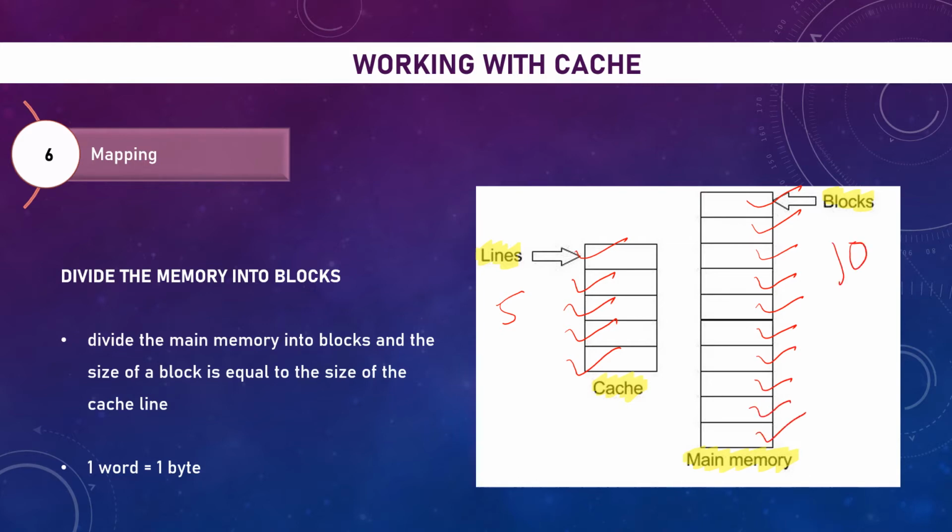So total 10 blocks and total 5 lines. Divide the main memory into blocks, where the size of a block is equal to the size of a cache line. We will see what this means in the next slide. One important point to remember is that one word is equal to one byte. So this is how you can divide the main memory and the cache.